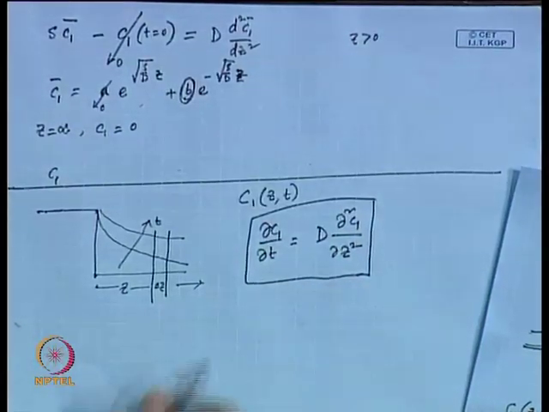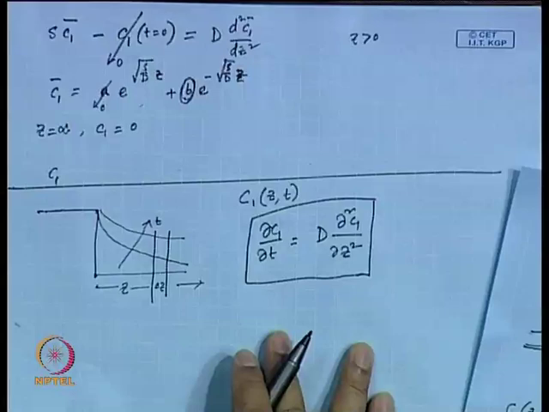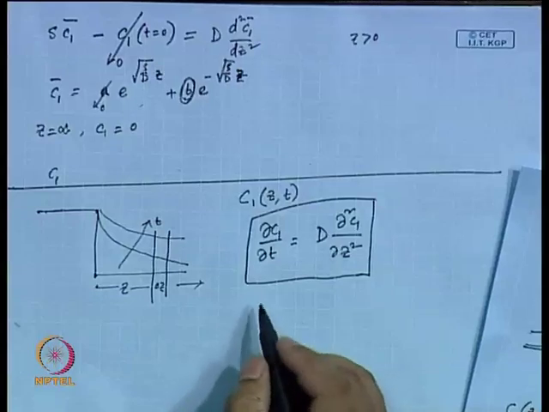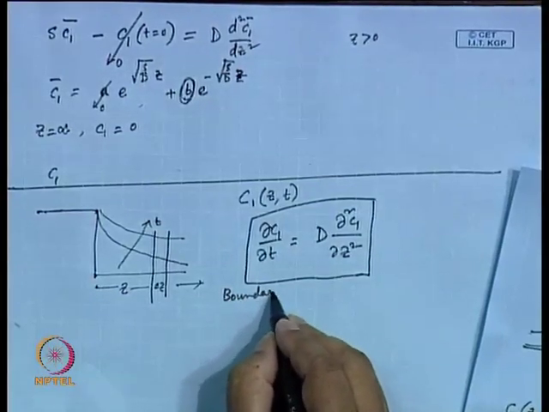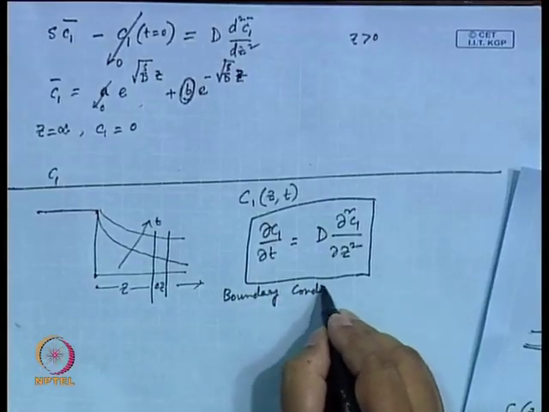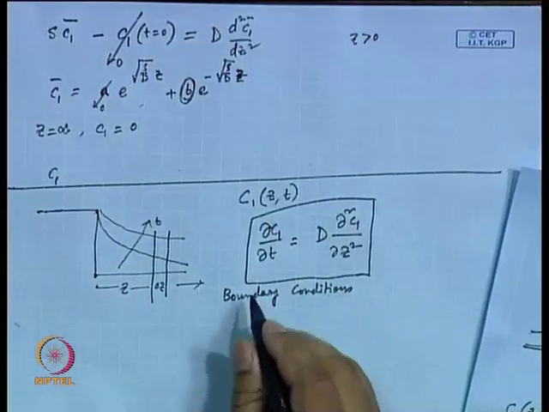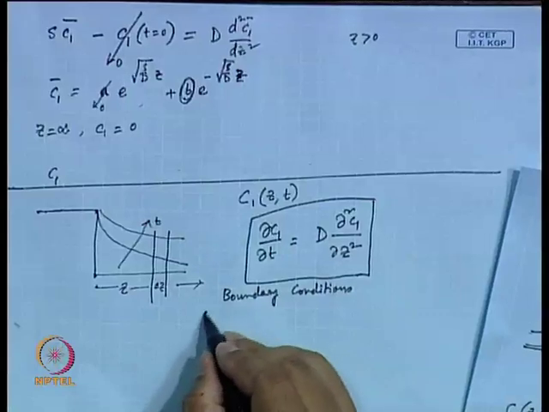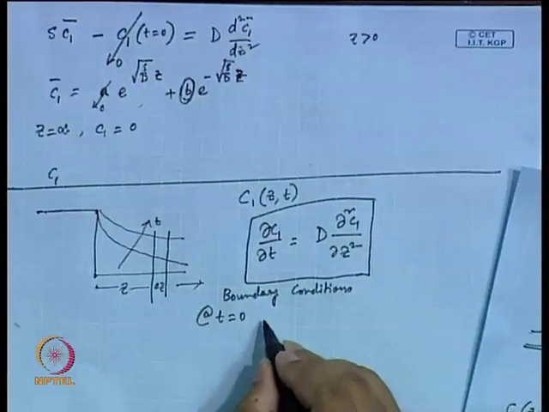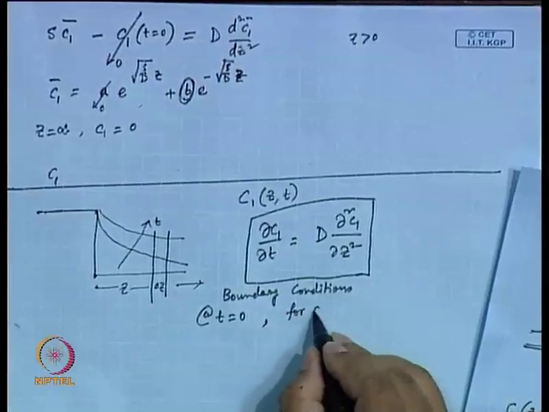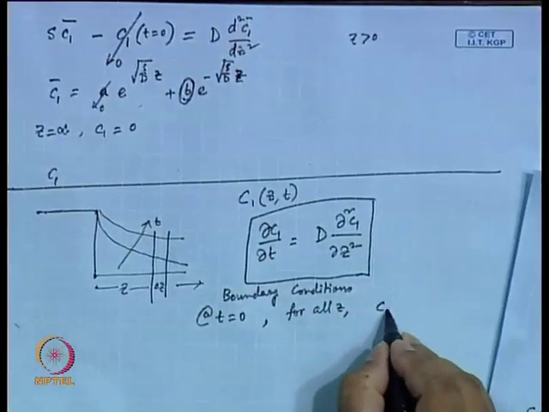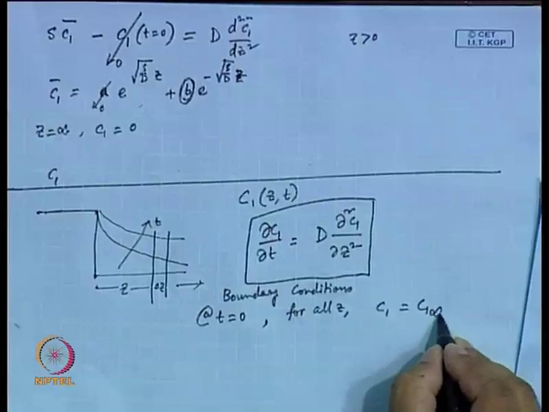This governing equation would be valid. However, when it comes to the boundary conditions, they would be somewhat different. And what are the boundary conditions now? At t is equal to 0, for all z, C1 is equal to C1 infinity.